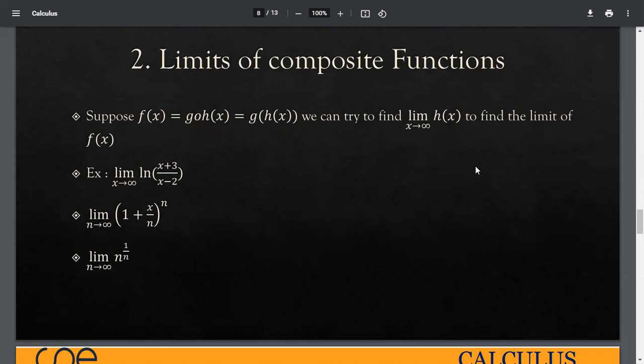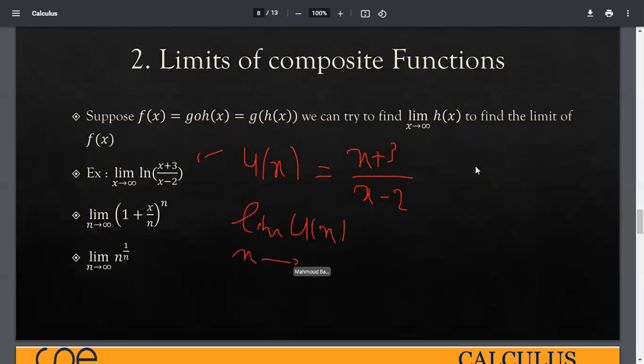So yes, for example, if I had ln of x plus 3 over x minus 2, I know that my main variable is x. However, if I took u of x, and said it's equal to x plus 3 over x minus 2, now I can focus on the limit of u of x as x tends to infinity.